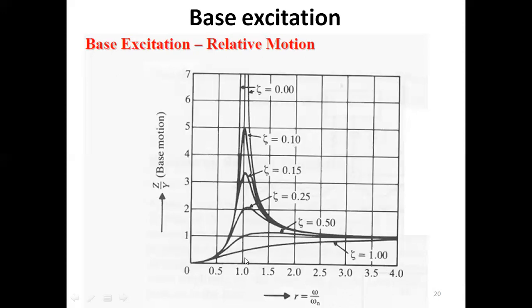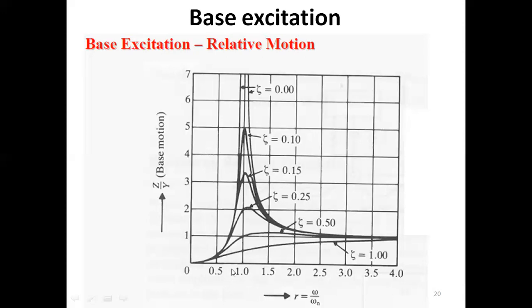So again we could divide our simulation plot into a number of areas. In this area the frequency ratio is less than 1, and in this area the frequency ratio is more than 1.